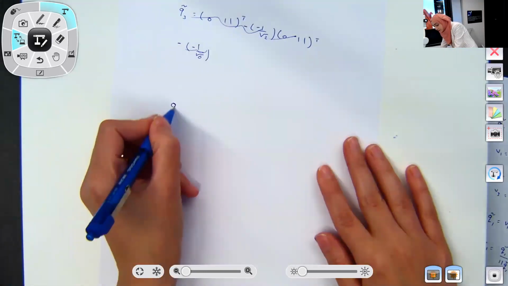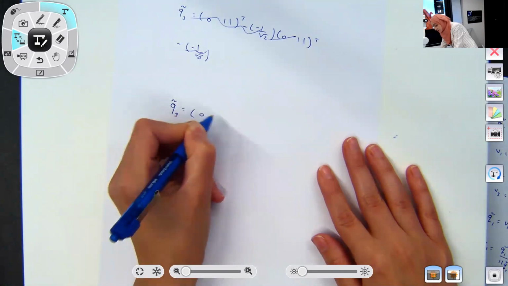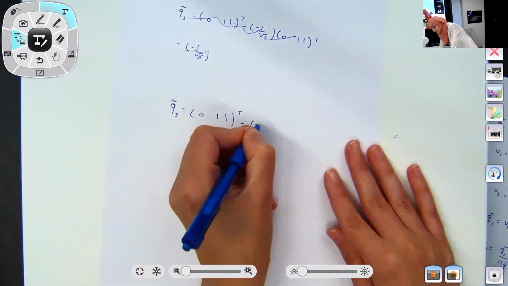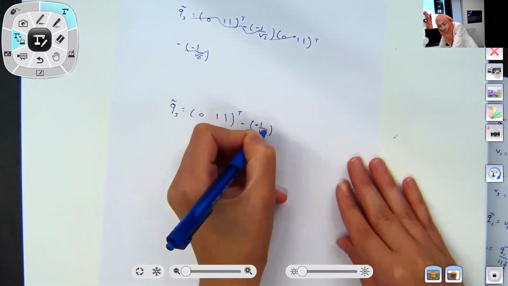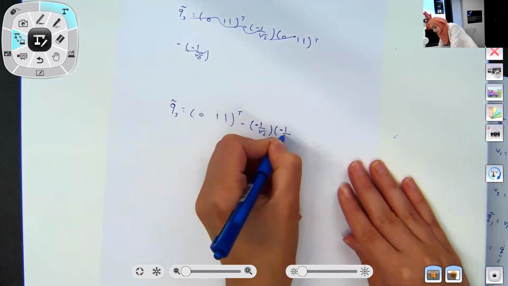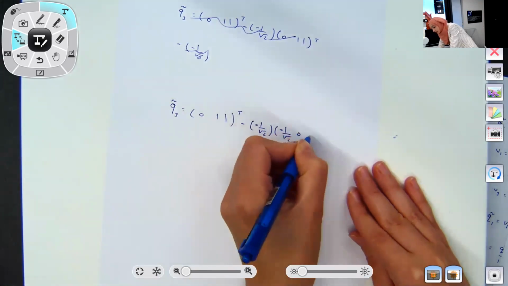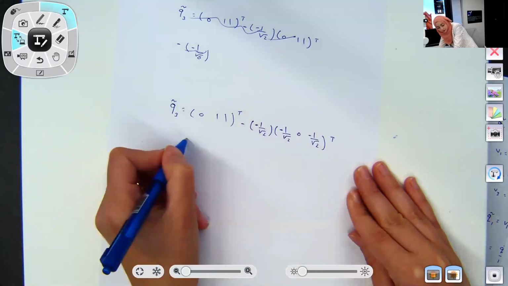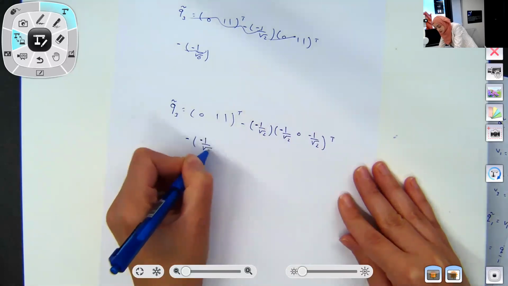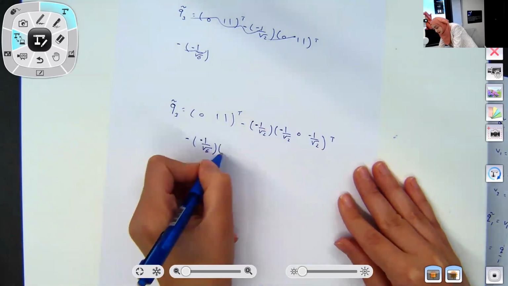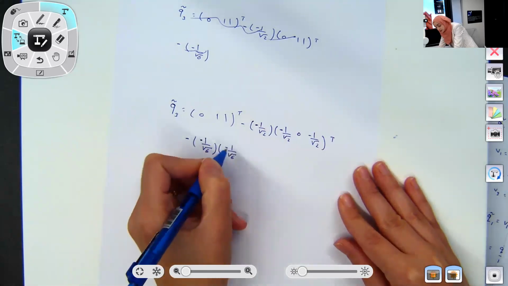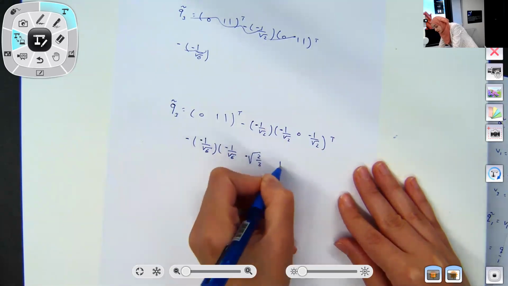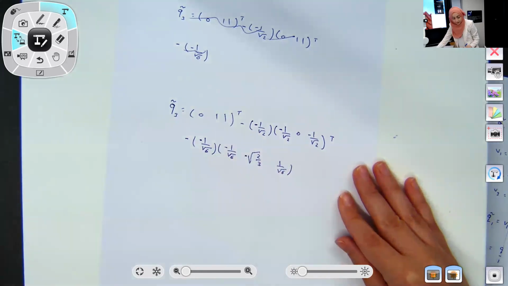So the value of Q3 tilde equals 0, 1, 1 transpose minus 1 over square root of 2 multiplied with minus 1 over square root of 2, 0, minus 1 over square root of 2 transpose minus 1 over square root of 6 multiplied with minus 1 over square root of 6, minus square root of 2 over 3, and 1 over square root of 6, okay?